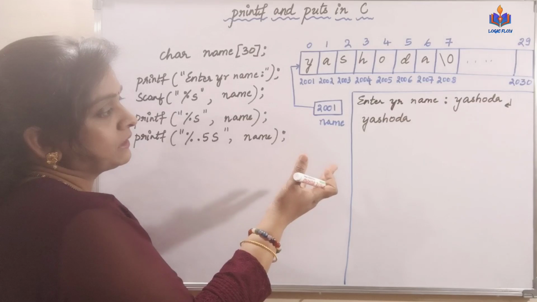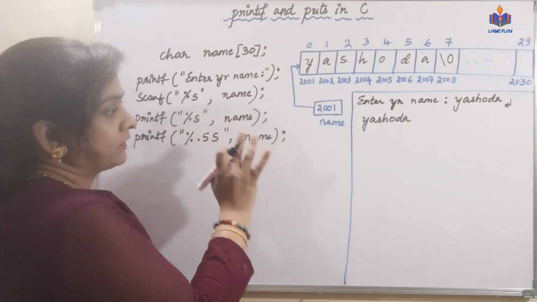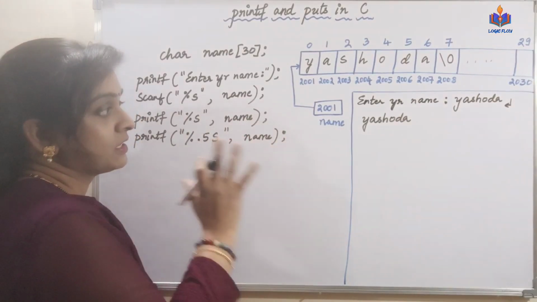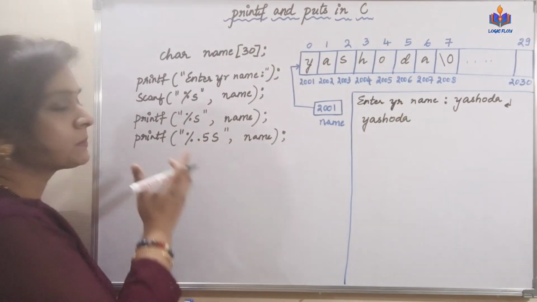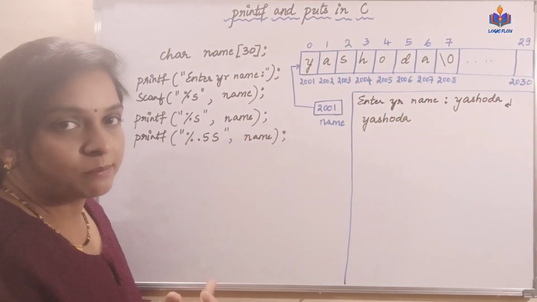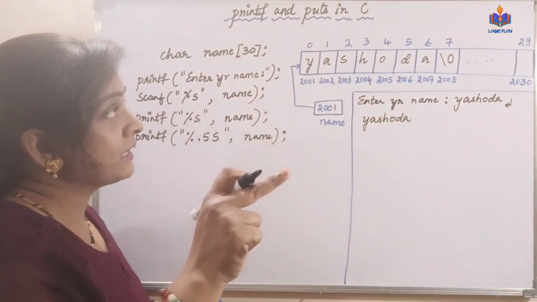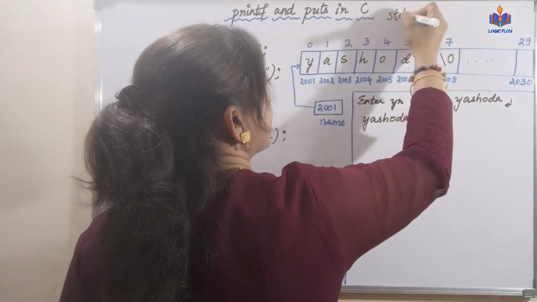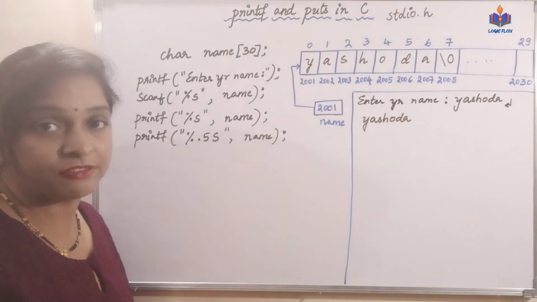If you want to print the string to the next line, you can have a new line character. Let it be, because I have to tell the difference between printf and puts. So here what happens, I'll say .5. See, this is printf, these are all inbuilt functions, and this is a formatted output function, and I'll get the definition for this in stdio.h, standard input output header file.